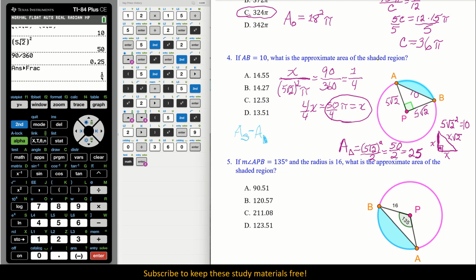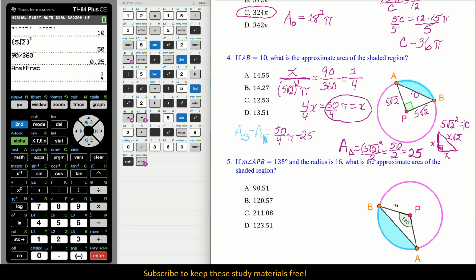So we know that is 50 over 4 pi minus 25.